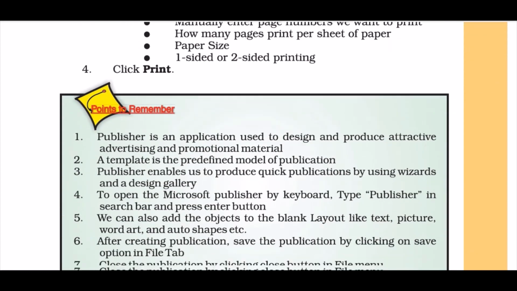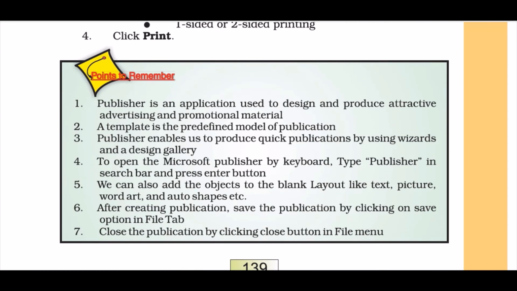Let's remember some points that are important. Publisher is an application used to design and produce attractive advertising and promotional material. Advertisement material, promotional material. That is what Publisher is for. A template is the predefined model of a publication. Publisher enables us to produce quick publications by using wizards and design guides.